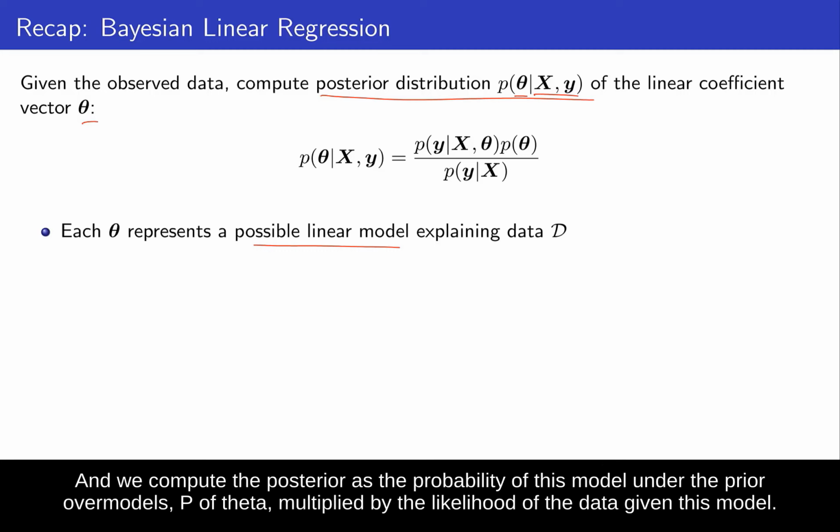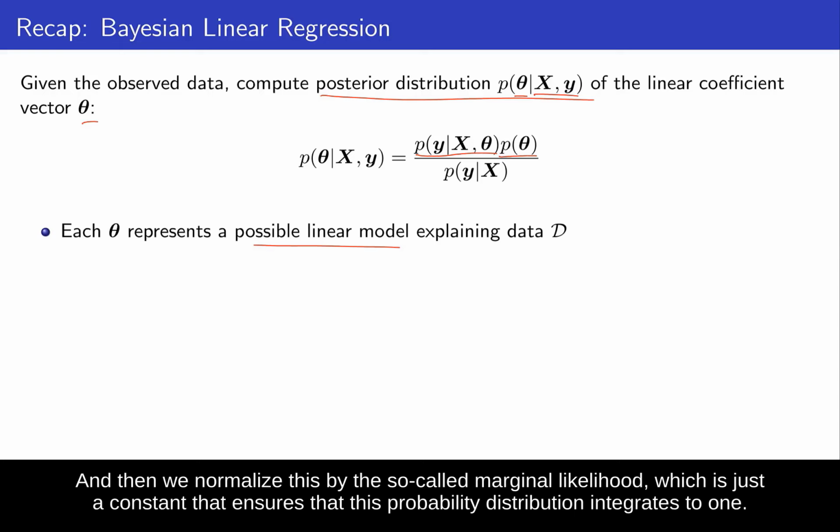And we compute the posterior as the probability of this model under the prior over models, P of theta, multiplied by the likelihood of the data given this model. And then we normalize this by the so-called marginal likelihood, which is just a constant that ensures that this probability distribution integrates to 1.